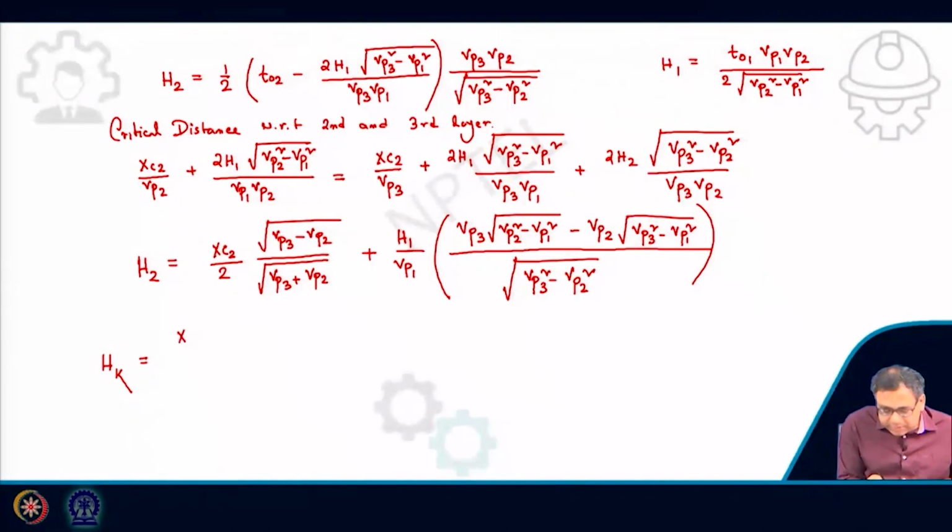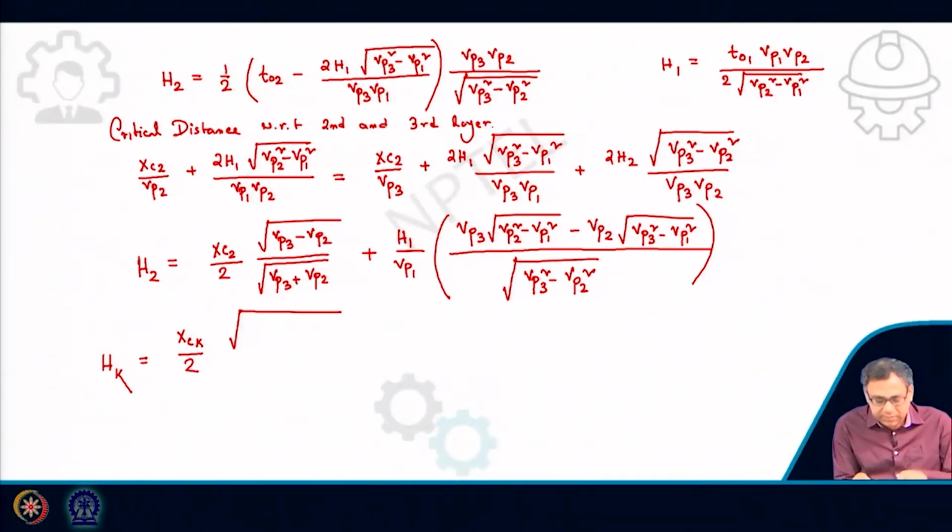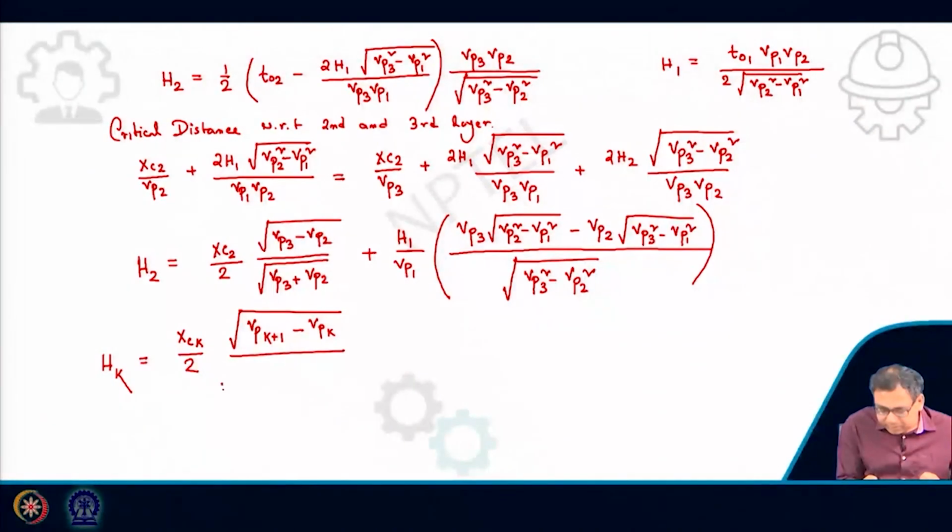Now this will be xck divided by 2, then root over, your k is 2 now, this is 3, so it will be Vp k plus 1 minus Vp k, then root over Vp k plus 1 plus Vp k.